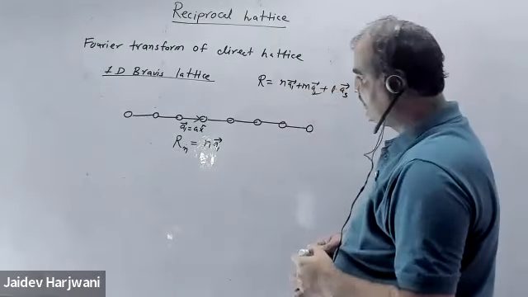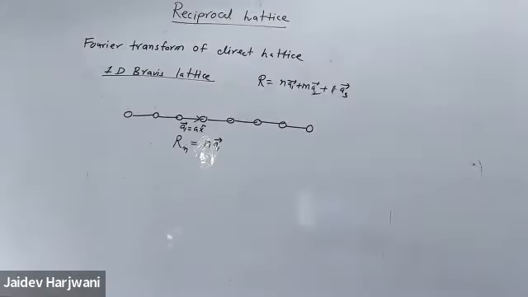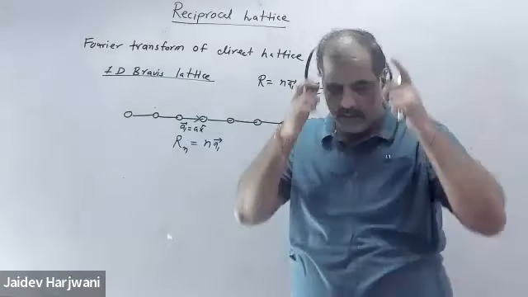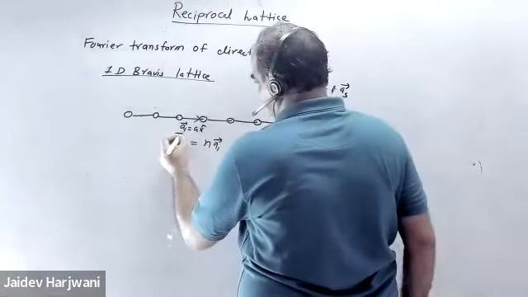So this is the one dimensional lattice, and I can write Rn equal to n a1. Rn is the position vector, n a1, of that lattice point. R is the position vector.